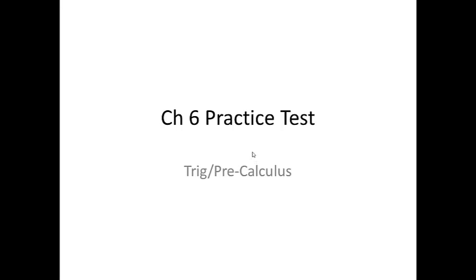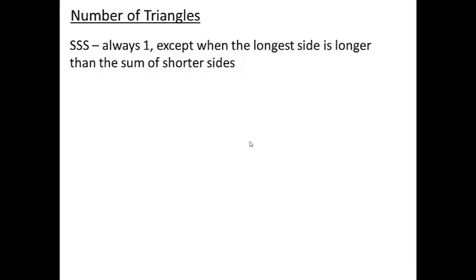Okay? Here we go. To find the number of triangles, if it's side, side, side, it's always going to be one triangle. But just make sure that the longest side doesn't keep the two shorter sides from touching each other. Okay? So the sum of the two shorter sides has to be longer than the longest side. In this case, the longest side is 6.